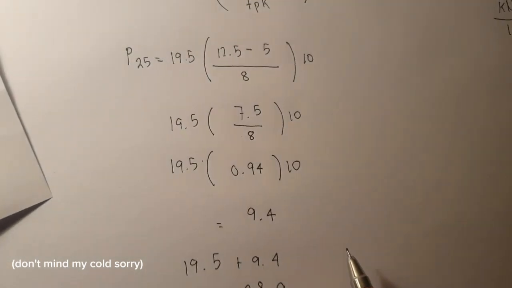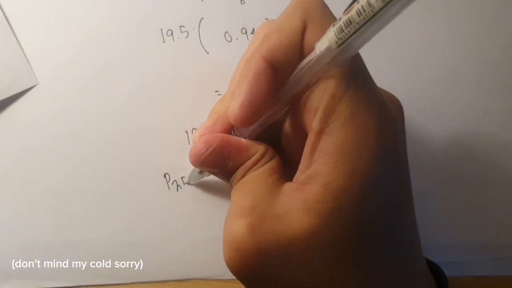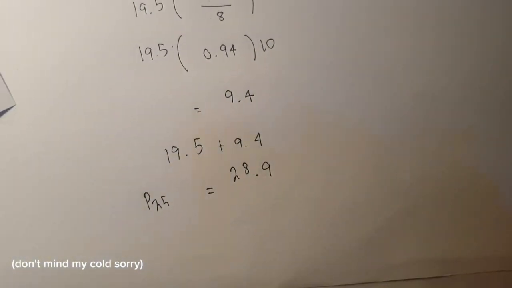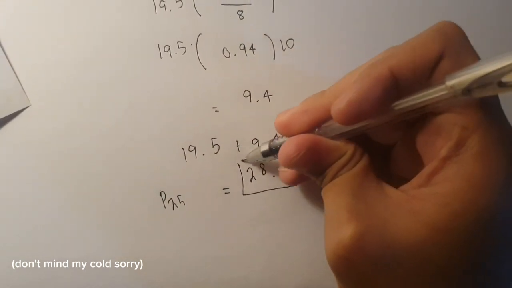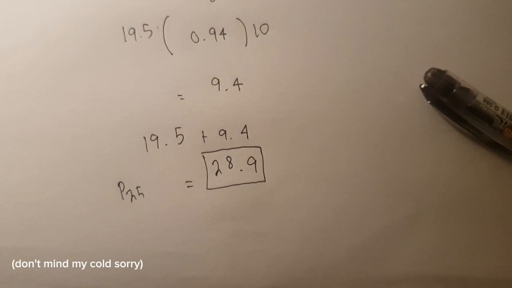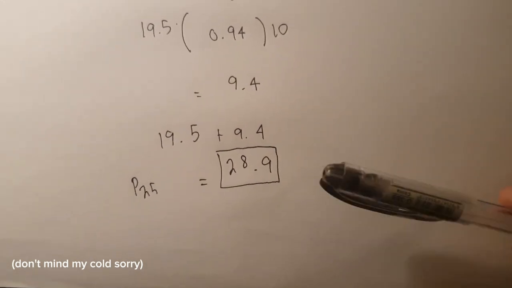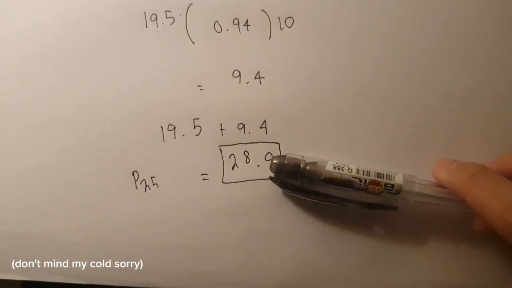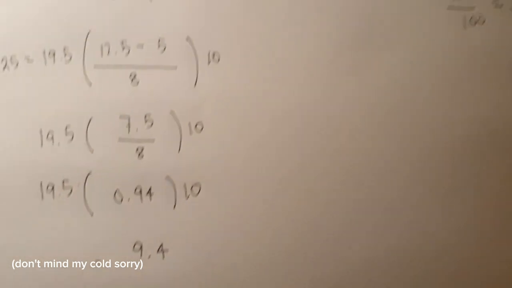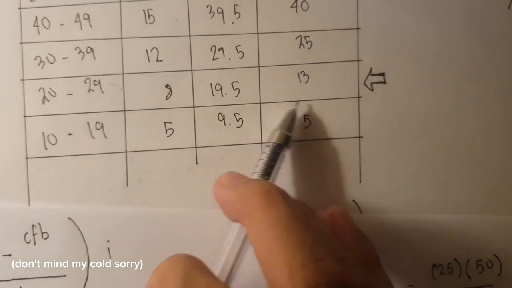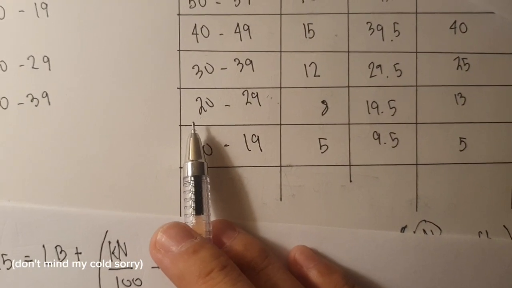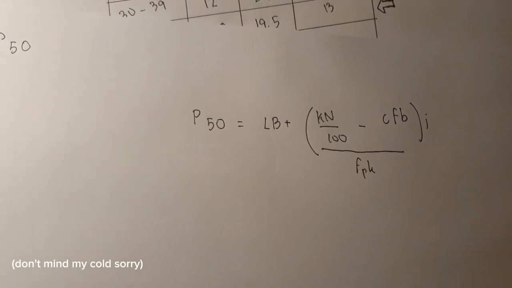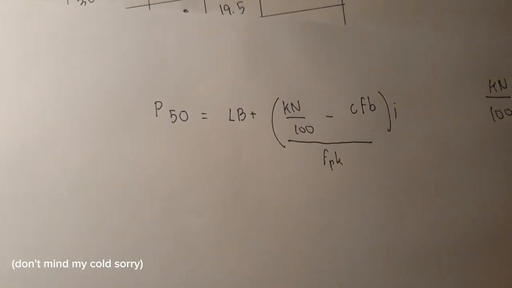The P25 that we are looking for is 28.9. Here is our final answer. Additionally, if we take a look at the table, this also connects with the class interval. P25, which equals 28.9, is in the 20 to 29 class. So this is proved. Now let's proceed with the second question.